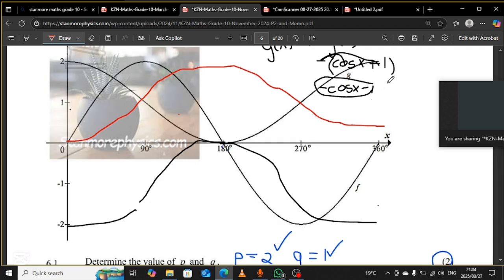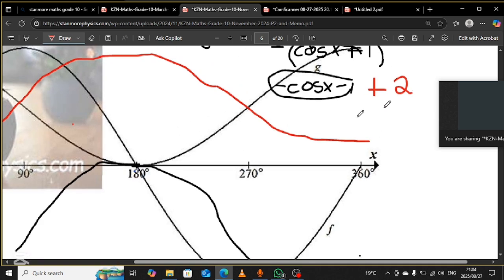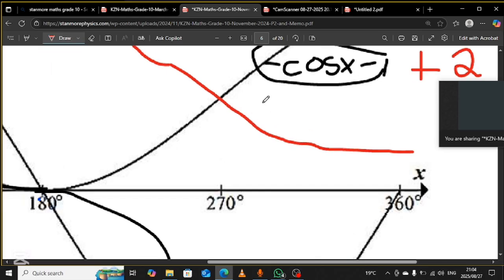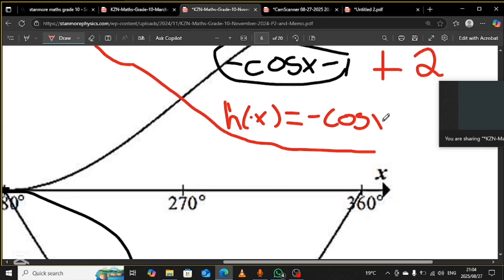So what happened here? We are going to plus by 2. Do you understand? Yes. So our new graph, this red graph, the h of x, is going to be what? Negative cos x minus 1 plus 2, or we can say plus 1.